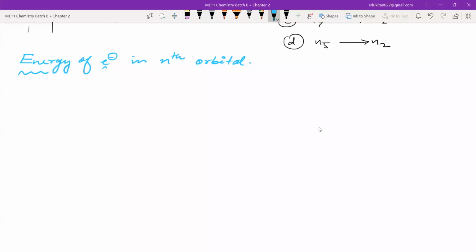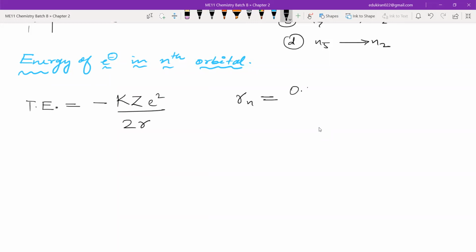In the nth orbital, we found out the total energy is equal to minus kZe square upon 2r. Also, we have found that the radius of the nth shell is equal to 0.0529 angstroms, multiplied by n square upon Z angstrom.